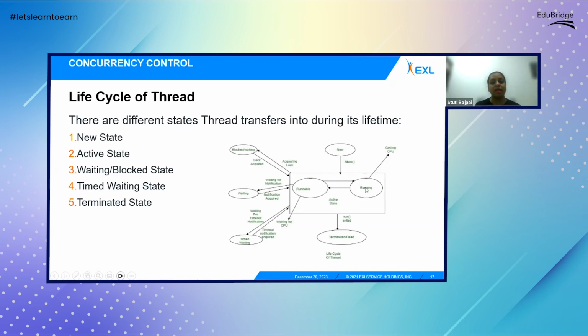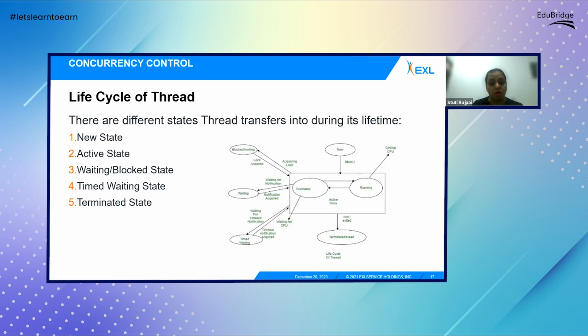Then if during the execution we want to block the thread, to put it in a waiting state, we can call methods like sleep, which makes the thread sleep for a time that we have provided.